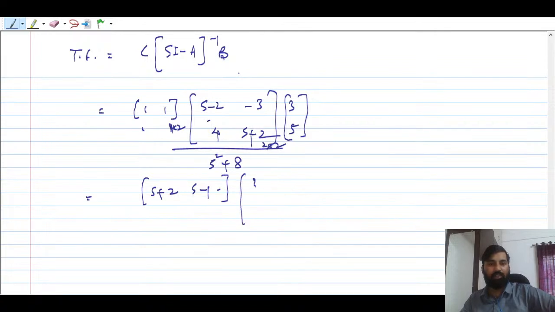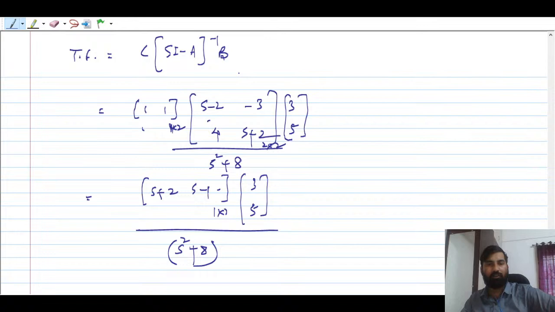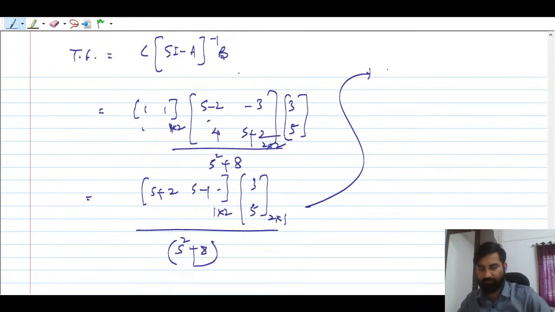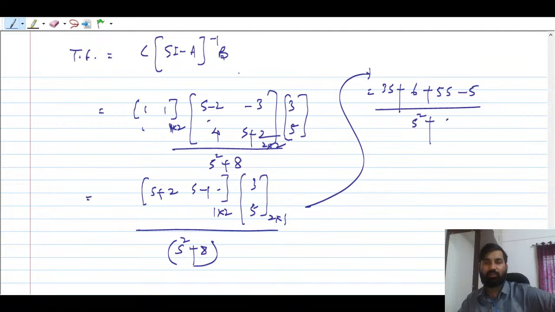And you multiply by [3; 5] over s square plus 8. This is 1 by 2 and this is 2 by 1, so you will get a 1 by 1 matrix. Simply multiply this and this, so it will be 3s plus 6 plus 5s minus 5 upon s square plus 8.